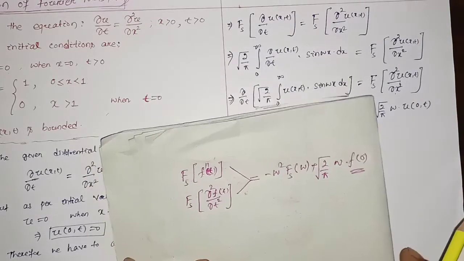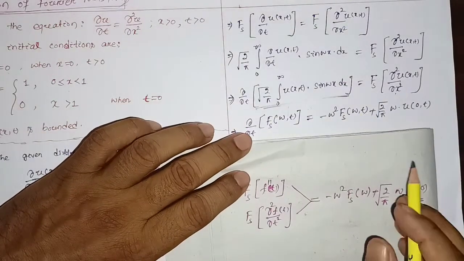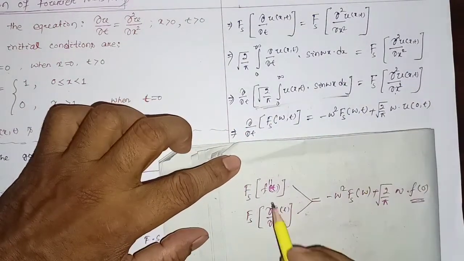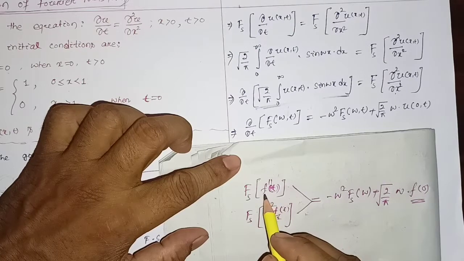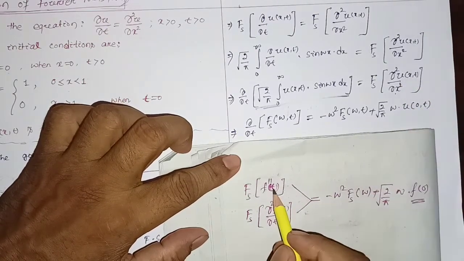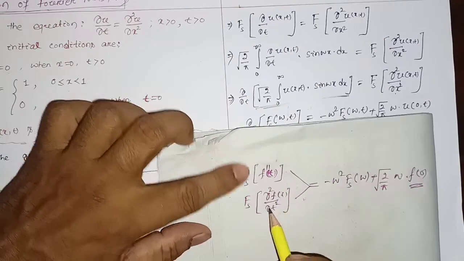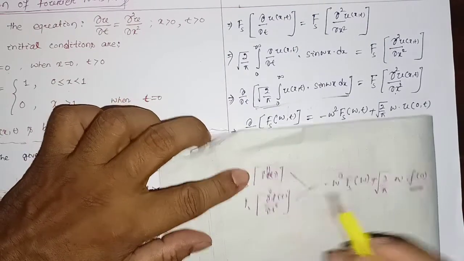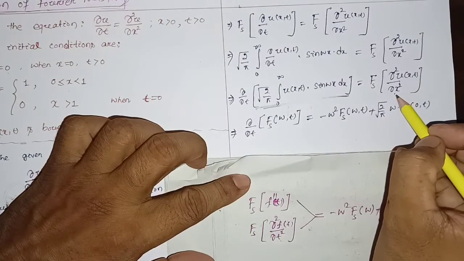So here if I compare this u(x,t) and this f(t), u(x,t) is a function of x and t, here it is a function of t only. This is the second derivative with respect to t, and this is the second derivative with respect to x.